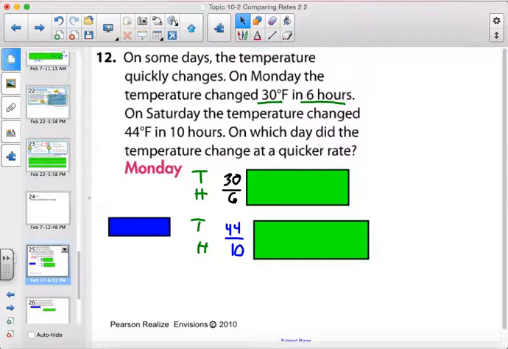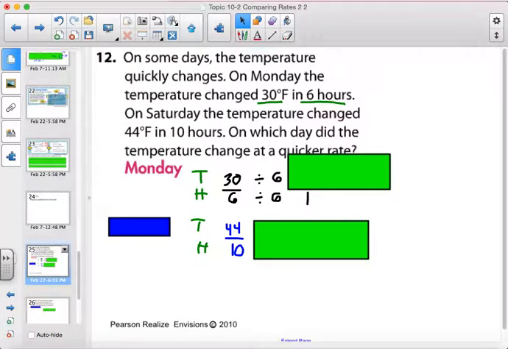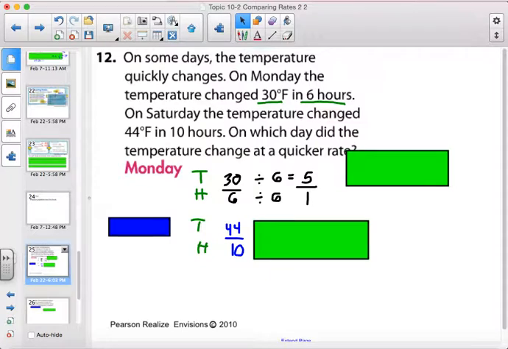And then you want to find your unit rates. So in this case, you're going to divide by 6 to get 1 hour. And then 30 divided by 6 is 5.